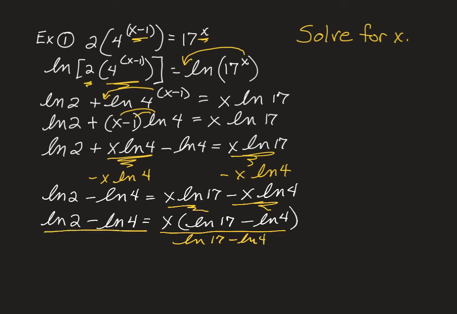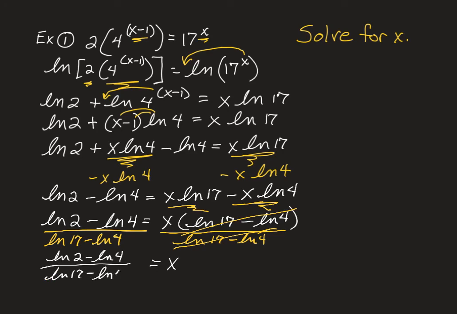But if I do it unto one side, I must do it unto the other, dividing both sides by the natural log of 17 minus the natural log of 4. So on the right-hand side, those divide out, leaving me 1 times x. So I have my x isolated, and it is equal to the natural log of 2 minus the natural log of 4 over the natural log of 17 minus the natural log of 4.